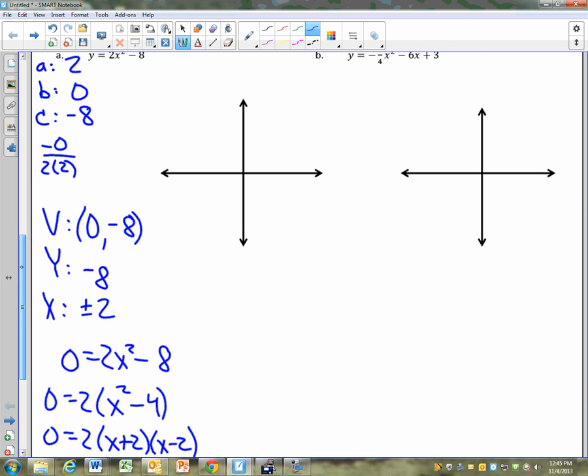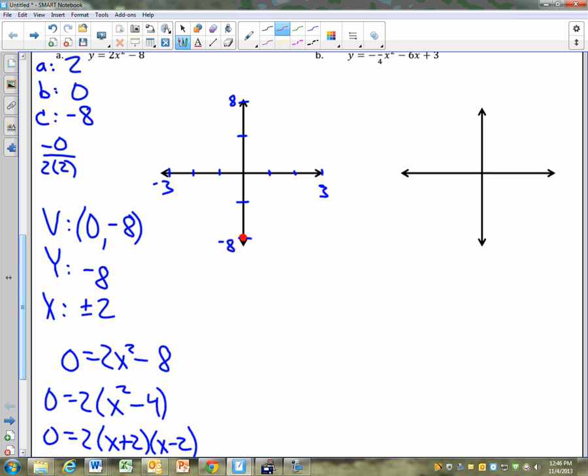I can now graph that. I'm going to make the graph to fit what I need it to fit. Make each one of these tick marks worth a value of 4. And on the side, I'll make each one worth 1. Because I can. That's what I want to do. I plot 0, negative 8.